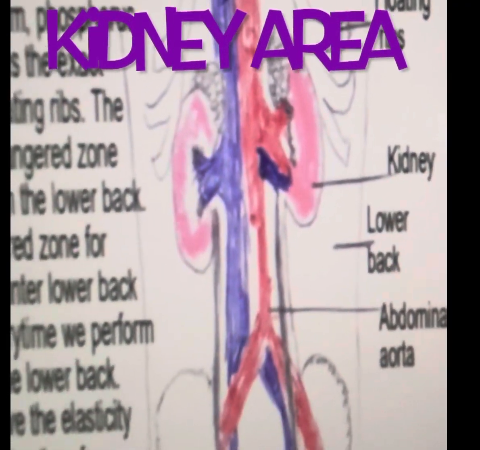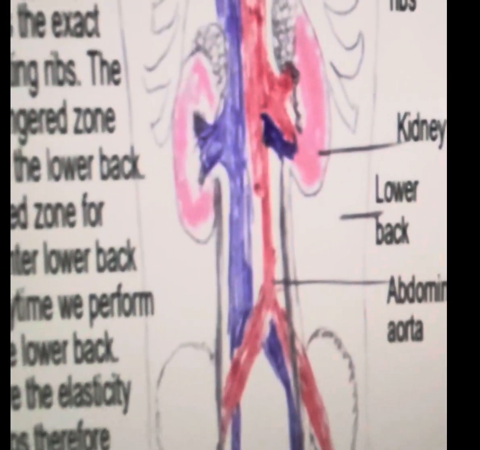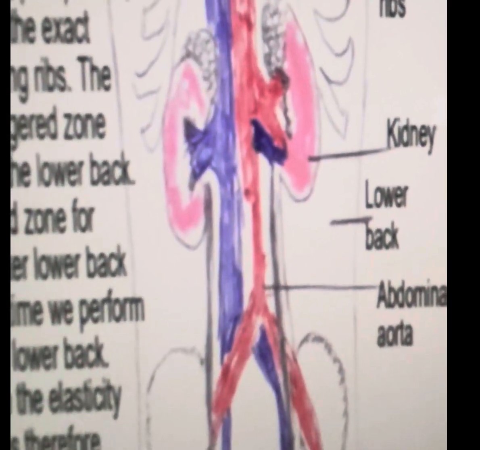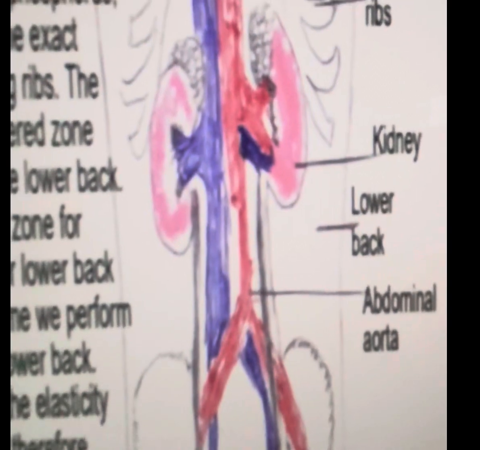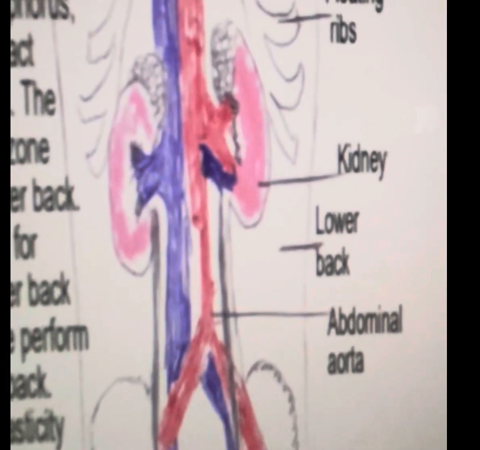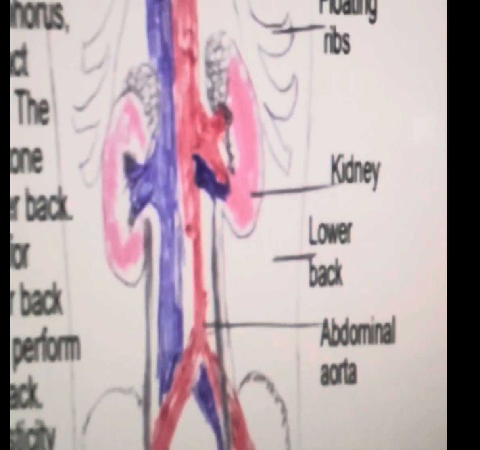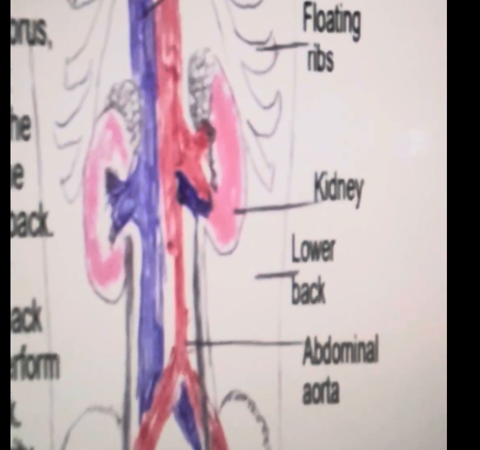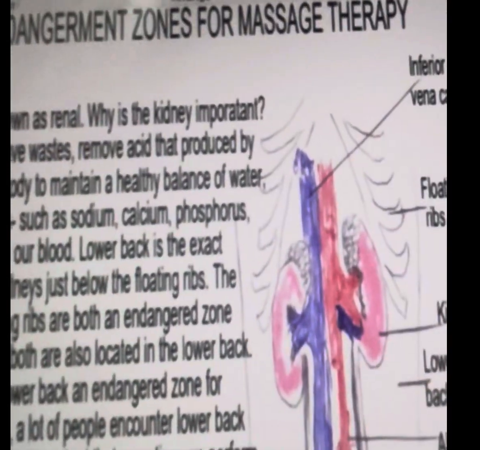Next one is our kidney area. The kidneys remove waste products and acid produced by the cells of our body to maintain a healthy balance of water, salt, and minerals. The kidney lies in our lower back.